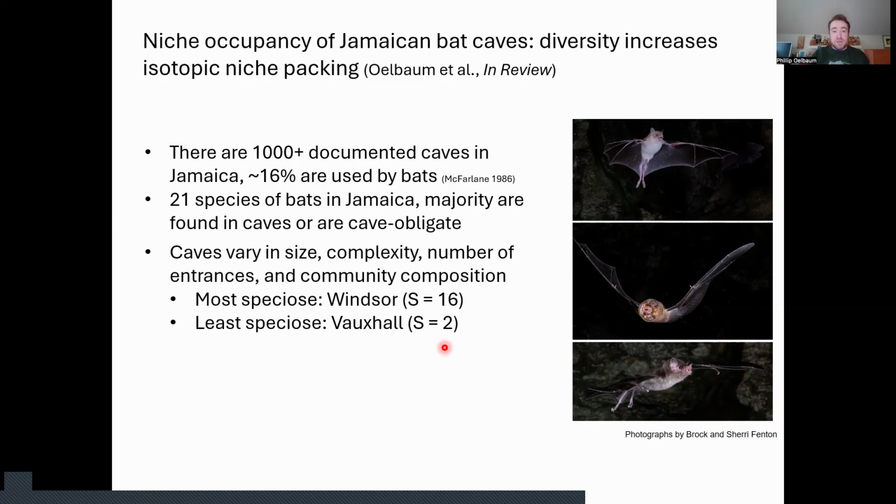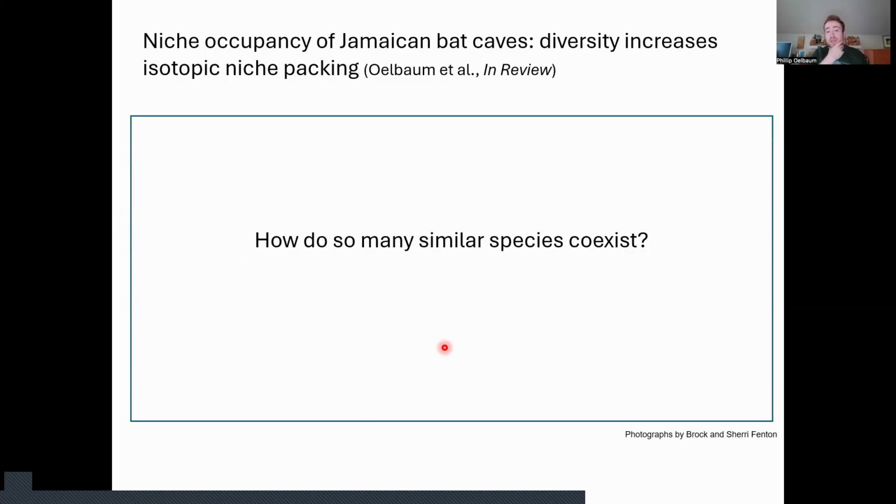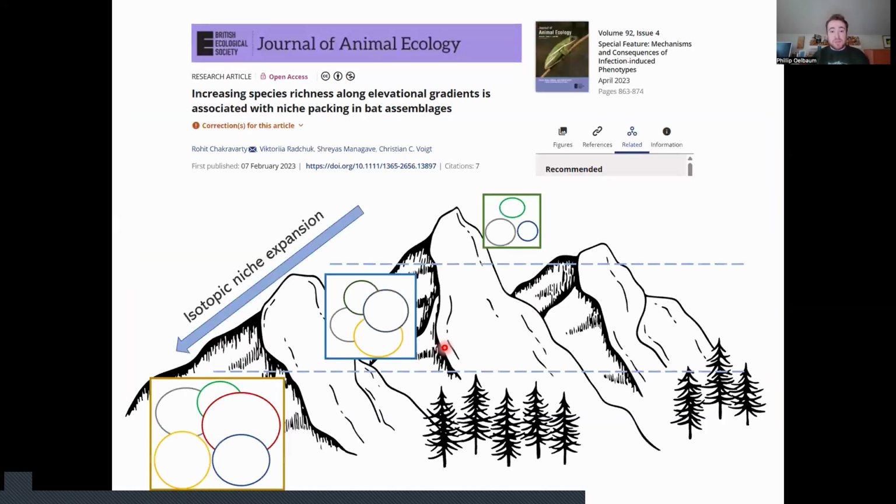And the central question that I wanted to address with this was, how do so many similar species coexist in these very diverse sites, and what happens at these less diverse sites by comparison? I was inspired when I found this paper by Rohit Chakravarty et al., which looked at how species richness across elevational gradients impacts niche packing and niche expansion.